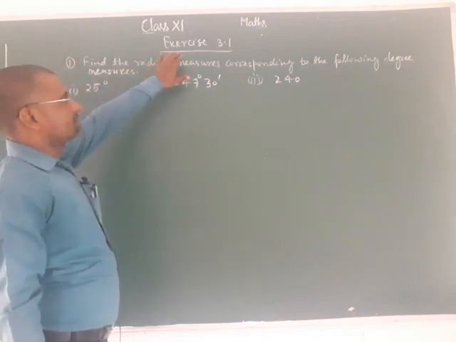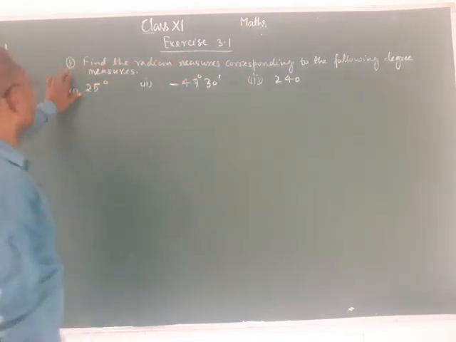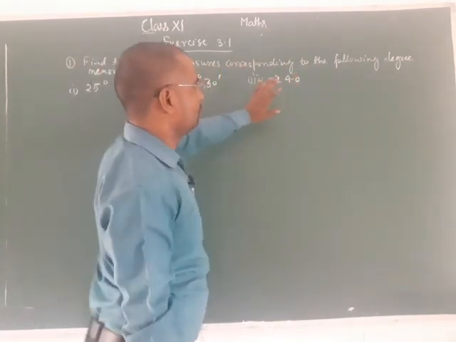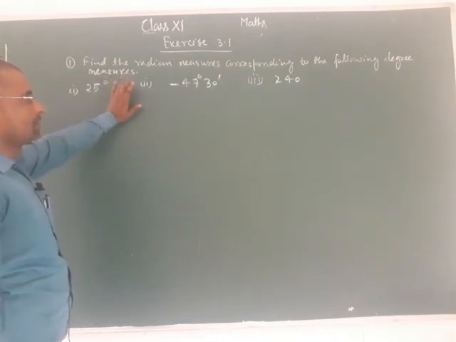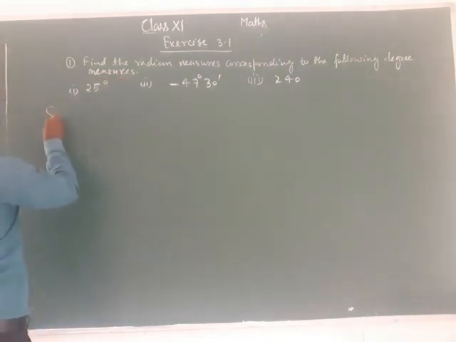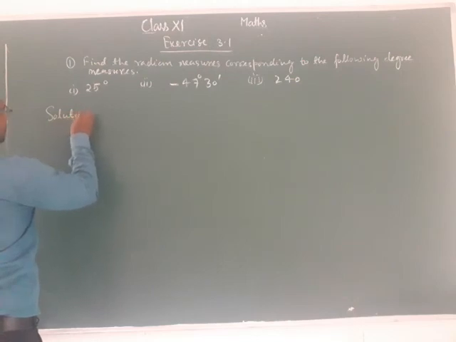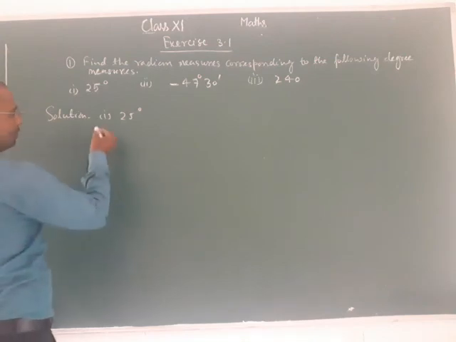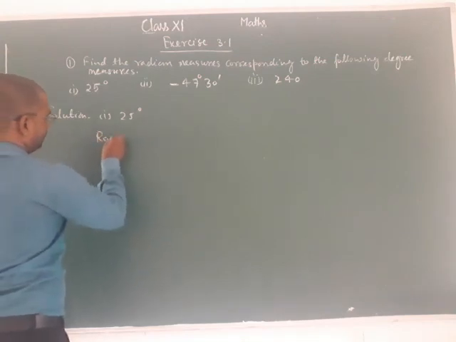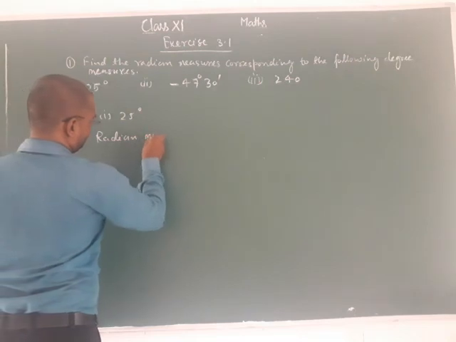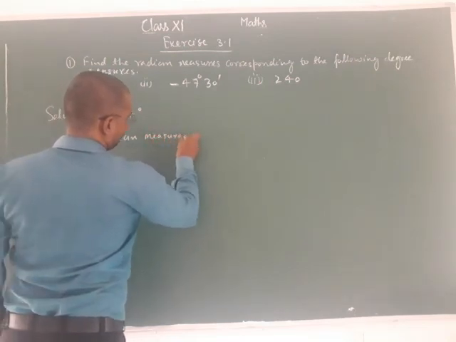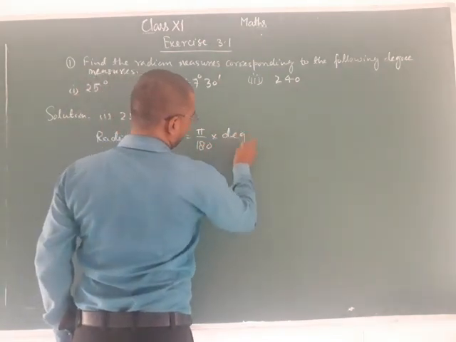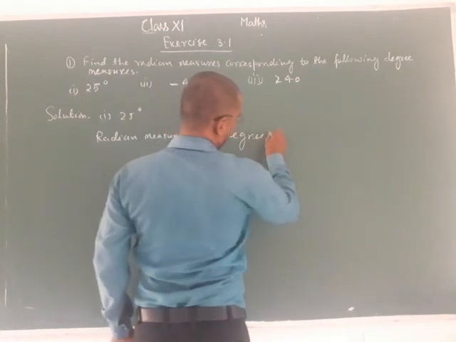Now let us start exercise 3.1. Question number 1. Find the radian measure corresponding to the following degree measure. Solution, part 1: 25 degree. So radian measure is equal to pi upon 180 multiplied by degree measure.